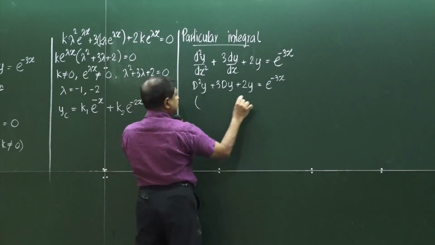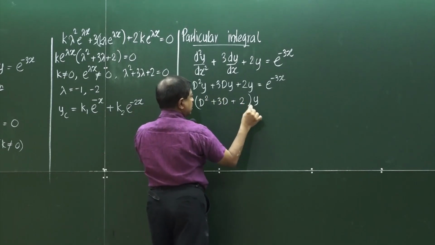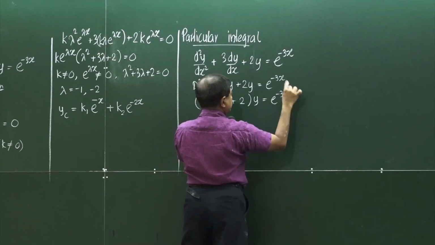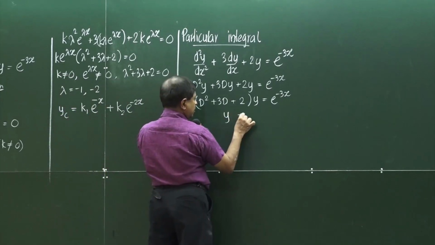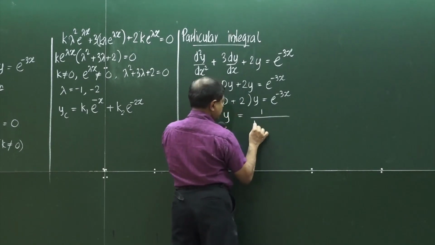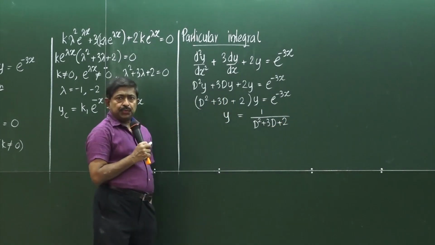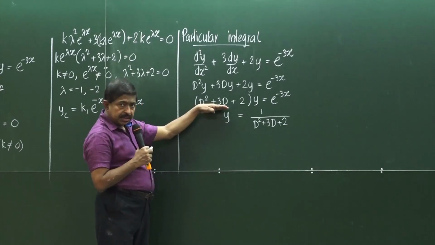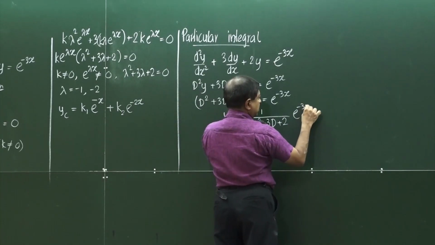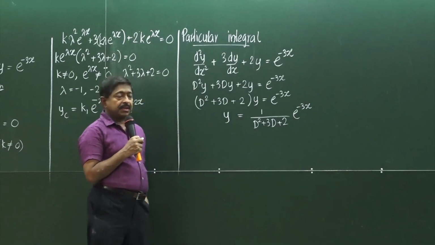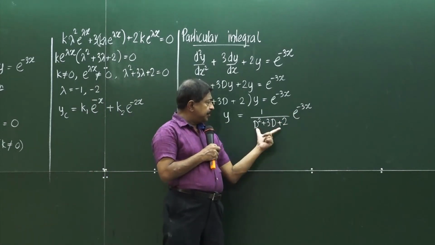Now you can pull out y from this side. Now you can find y. Here you can just play with these things. I told you the operator theory allows you to do the algebra involved with these D operators freely. In the previous chapter, we almost violated all rules of algebra, right? Now, what should you do? This is f(D), and this is alpha.